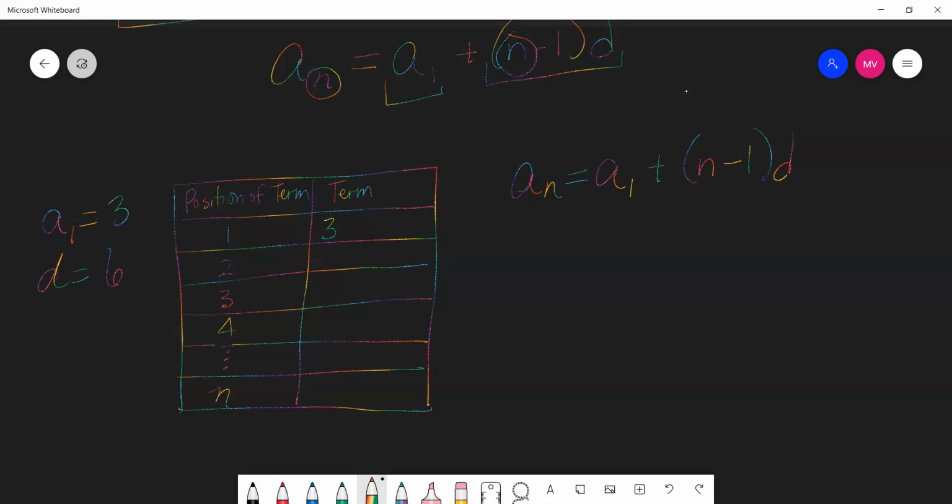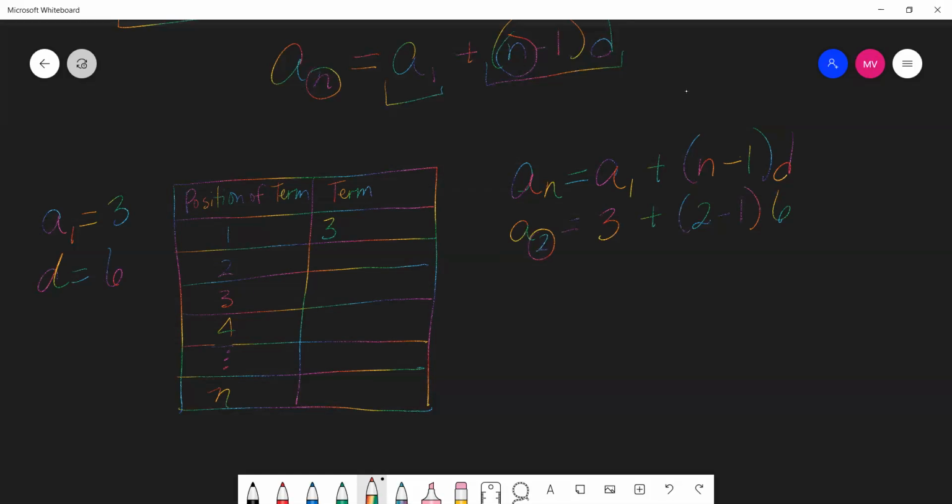If I am looking for position 2, because I'm given position 1, that's A1, and then I'm looking for position 2. Position 2 is represented as A2, right? And then you put in the term for A1, which we see is 3, plus N, which is 2, minus 1 times D, right there on the other side of my table, which is 6. So you see where I got all those numbers? I hope so. If not, just jot a note and I'll go over this when we're face to face again.